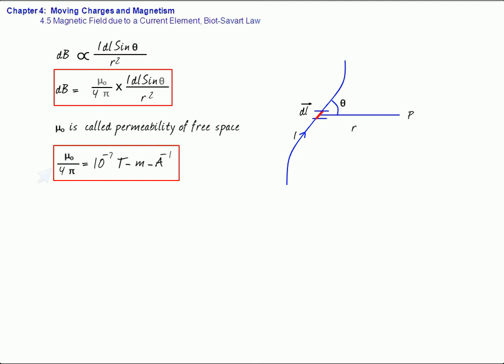And then you write down the mathematical statement also. And the proportionality constant, mu naught upon 4 pi, its value should be mentioned. Then your answer will be complete.